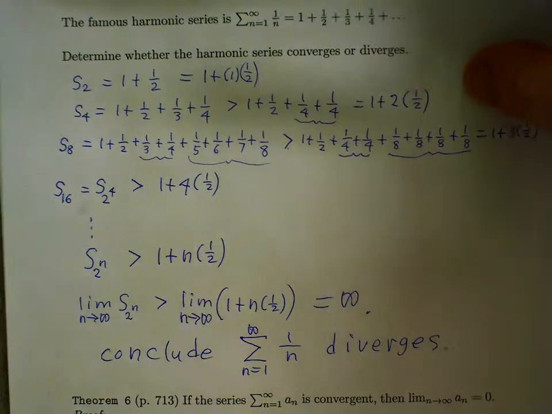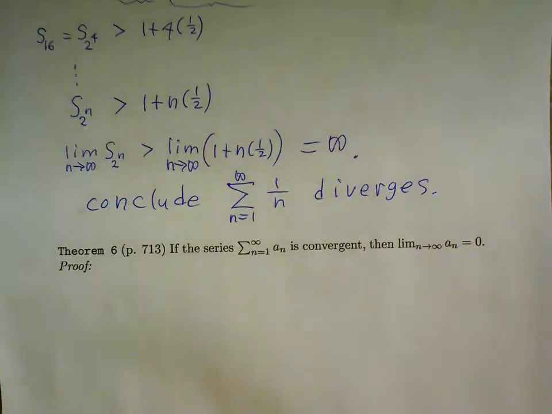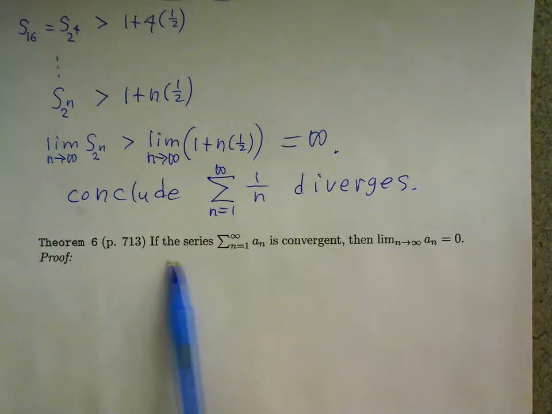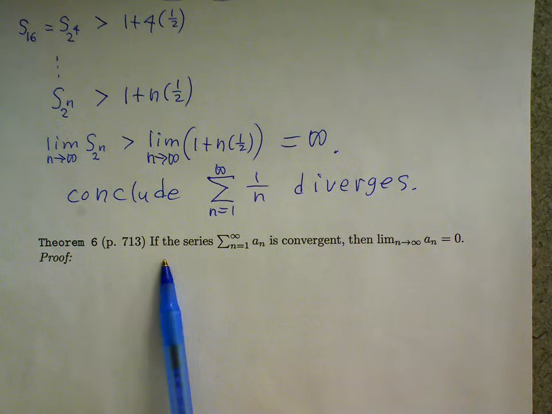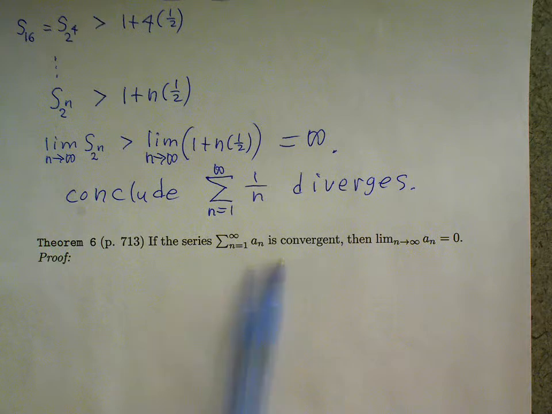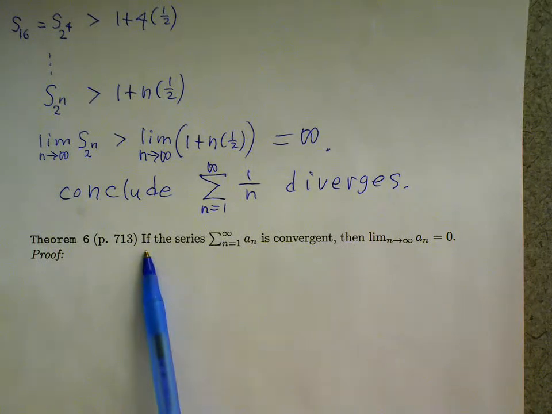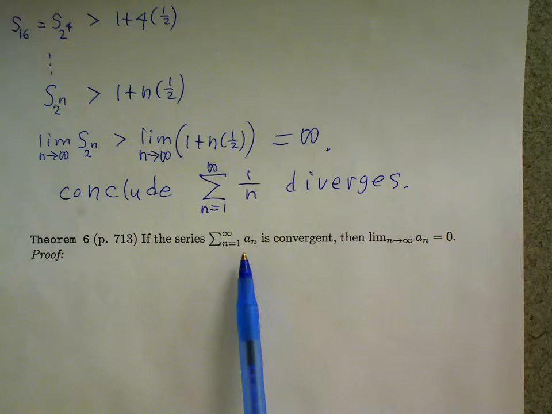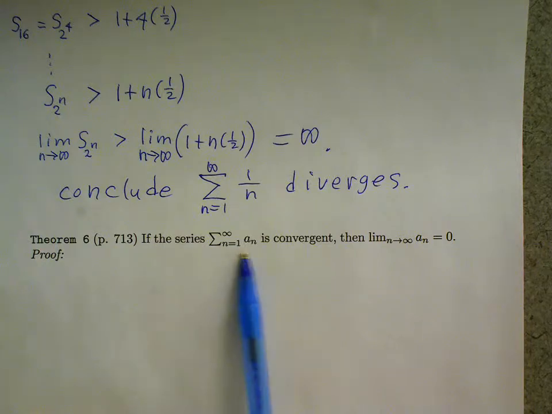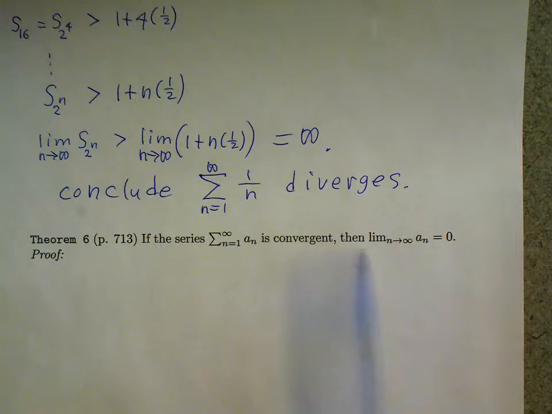Okay, let's move on to Theorem 6. This theorem is going to be useful to us in a roundabout sort of way. Anyway, if the series, the sum of a sub n as n goes from 1 to infinity, is convergent, then the limit of the sequence a sub n is equal to 0.